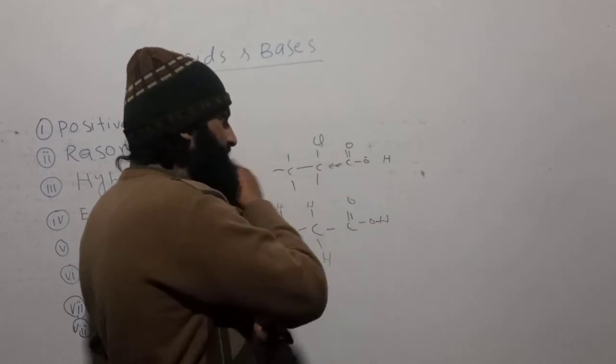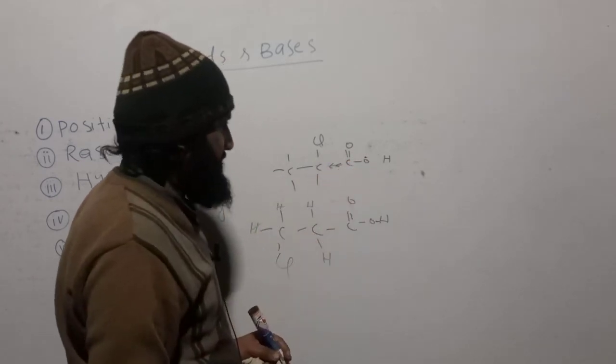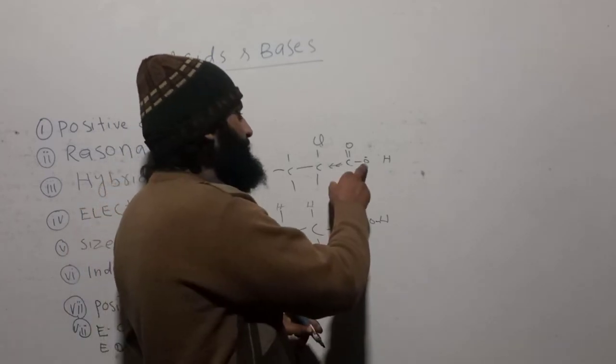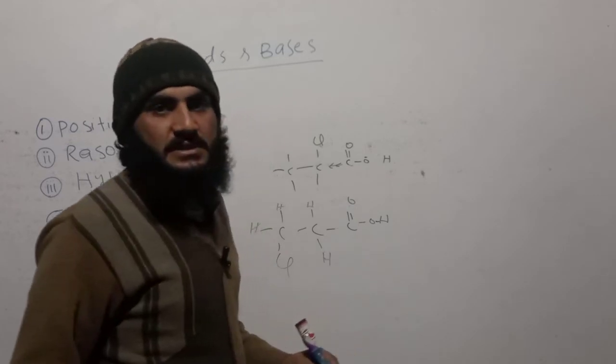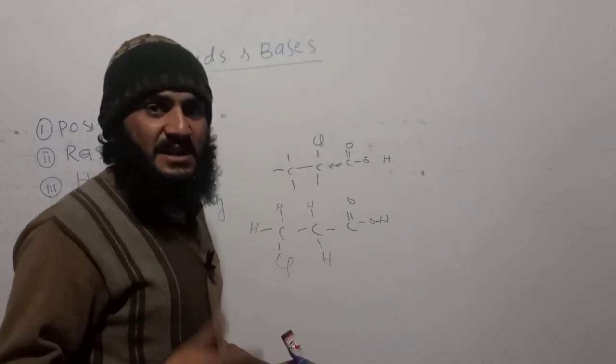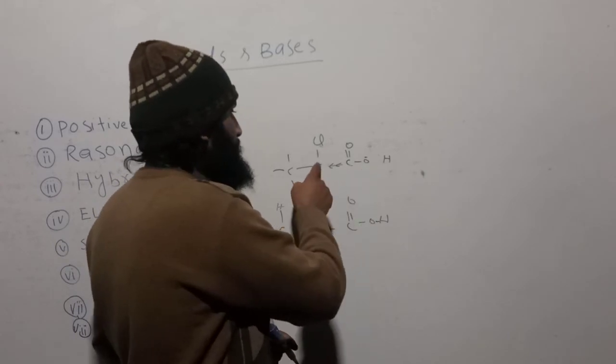If charge density decreases, the reactivity of this negative charge decreases. It means its reactivity decreases and its stability increases, because it does not react with any other species, because its electrons are attracted toward this atom.